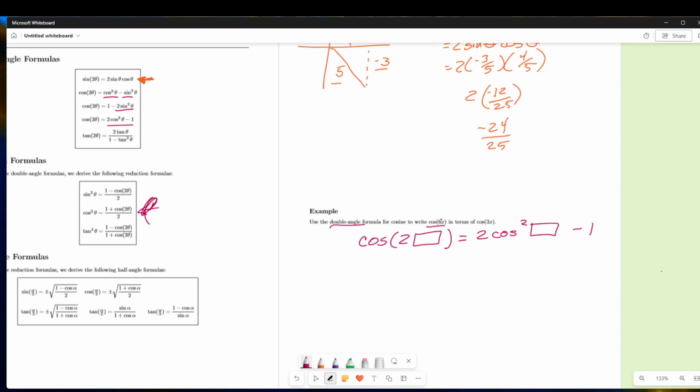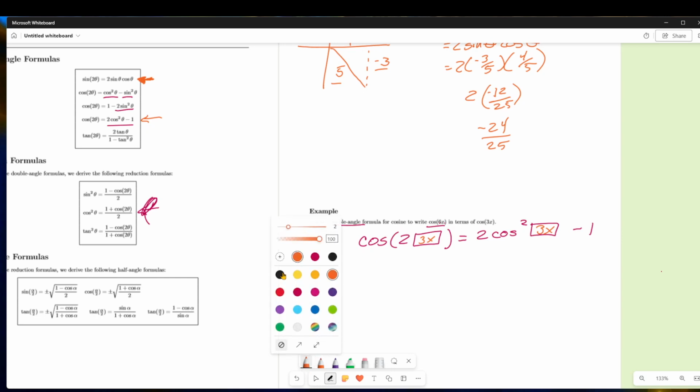Well, 6x is twice 3x. So if we think of the cosine of 6x as the cosine of 2 times 3x, then that's equal to 2 times the cosine squared of 3x minus 1, according to our third double angle formula for cosine.